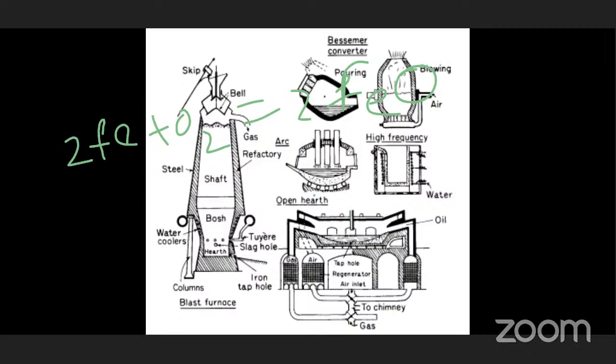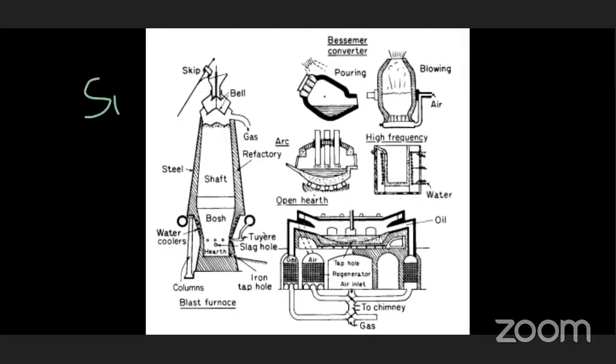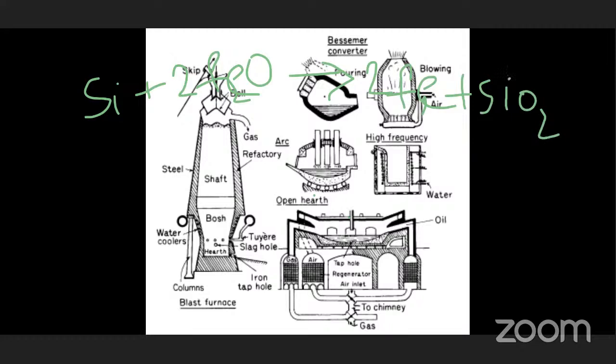So in the mentioned order, what is the order? Si plus 2FeO gives 2Fe plus SiO2.